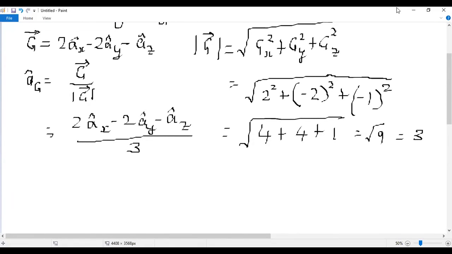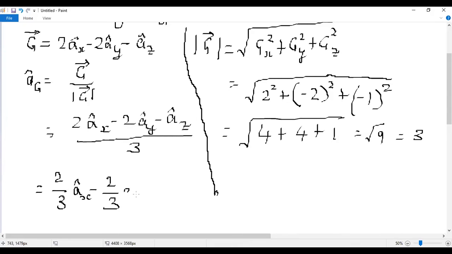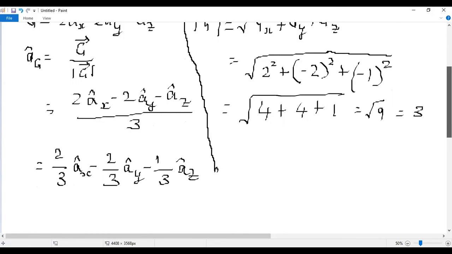You can write this as, divided by 3 is the common denominator, 2 divided by 3 ax minus 2 by 3 ay minus 1 by 3 az. So you can complete this. Okay. This is how you get the x, y, and z components of the unit vector.